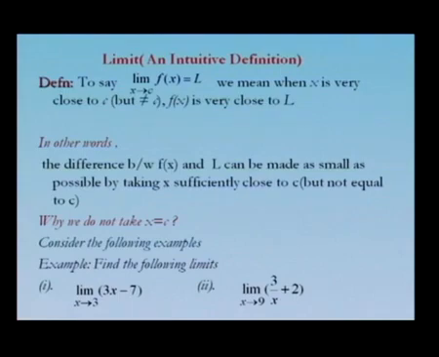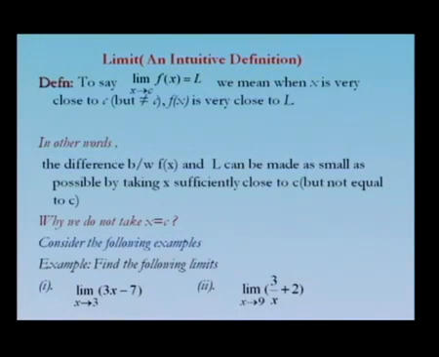Now we will define limit intuitively. To say limit x tends to c, f(x) equals L, means f(x) is very close to L, or in other words, the difference between f(x) and L can be made as small as possible by taking x sufficiently close to c but not equal to c.